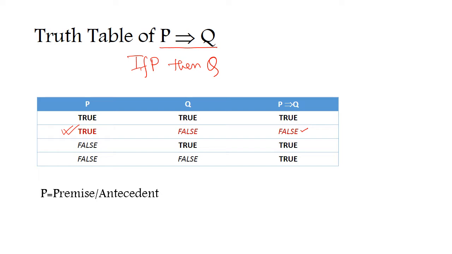Here you see that P is true but Q is false. So this is not allowed in the implication logical connective. In the other cases, these combinations are allowed or possible, but this one is not possible.